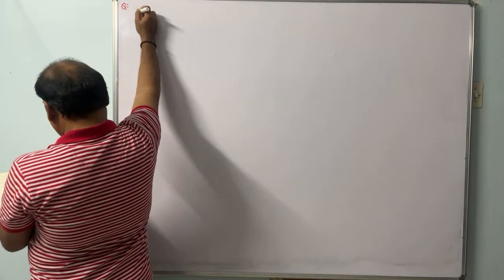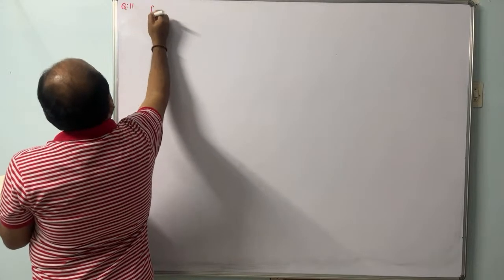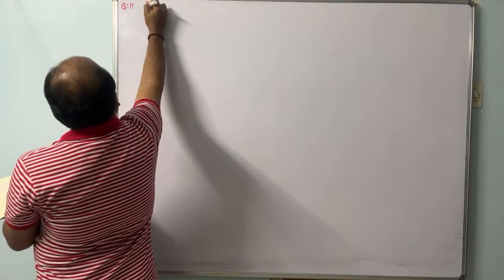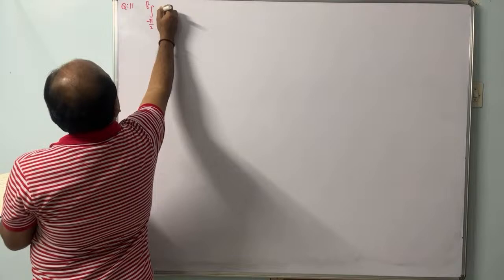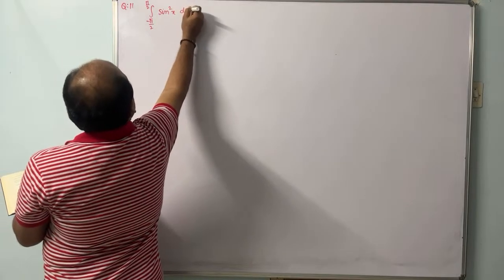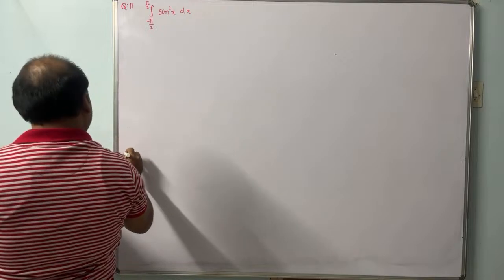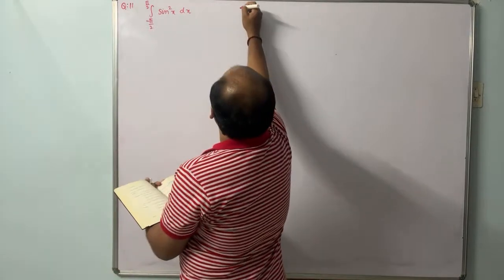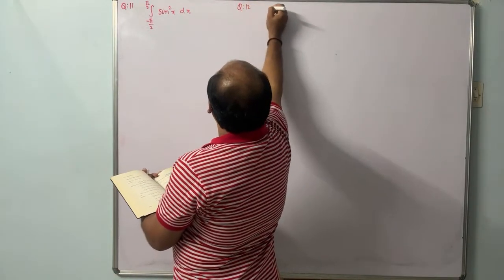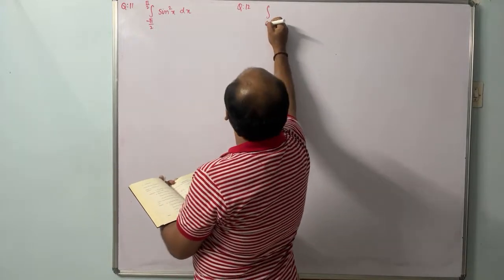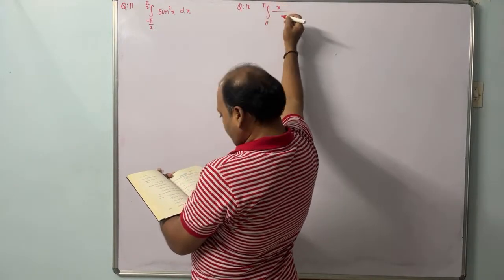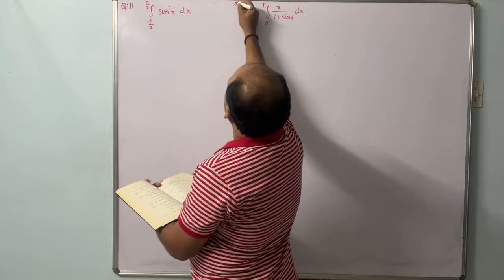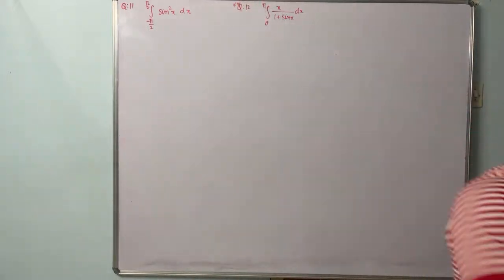Okay, question number 11, sorry, I did not write: integral from minus pi by 2 to plus pi by 2 of sin square x into dx. Next, better to write here, question number 12: integral from 0 to pi of x by 1 plus sin x into dx. This is a little important question, dear students, for the boards.